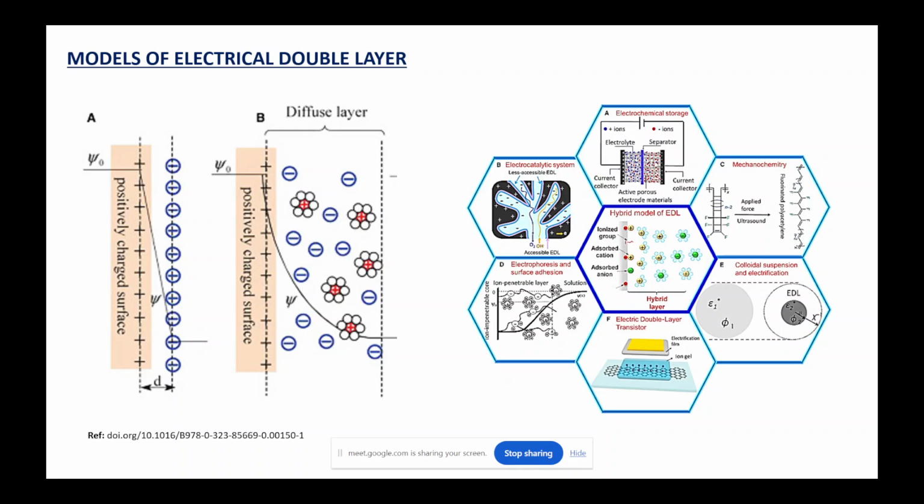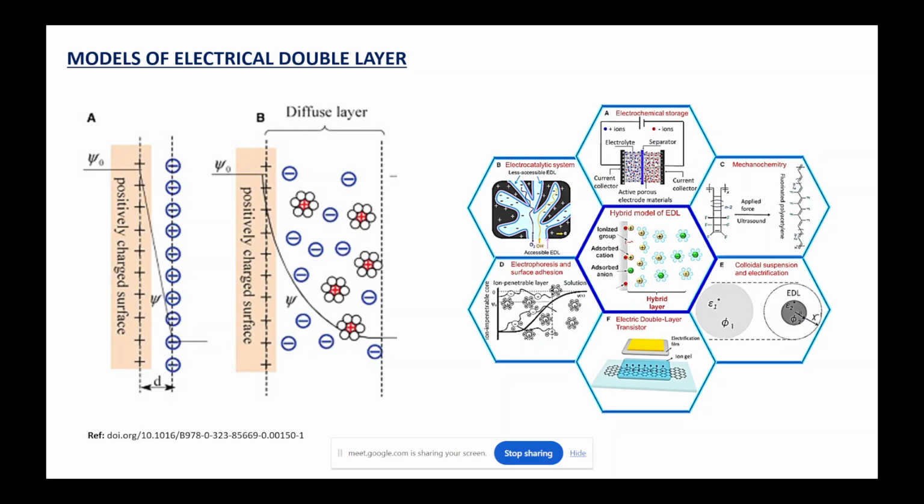In any system that you take, the electrical neutrality should be maintained, or otherwise the system is unstable. So in the case of Helmholtz, we discussed that the oppositely charged particles are directly adsorbed onto the surface, and this adsorption helps in maintaining the neutrality in the system.